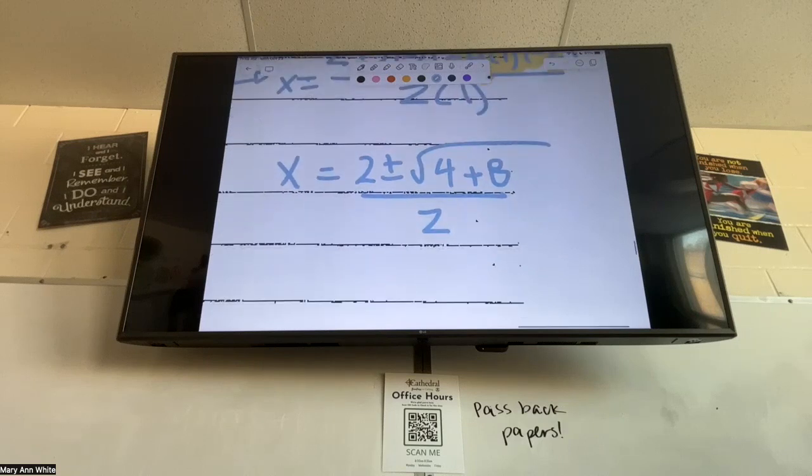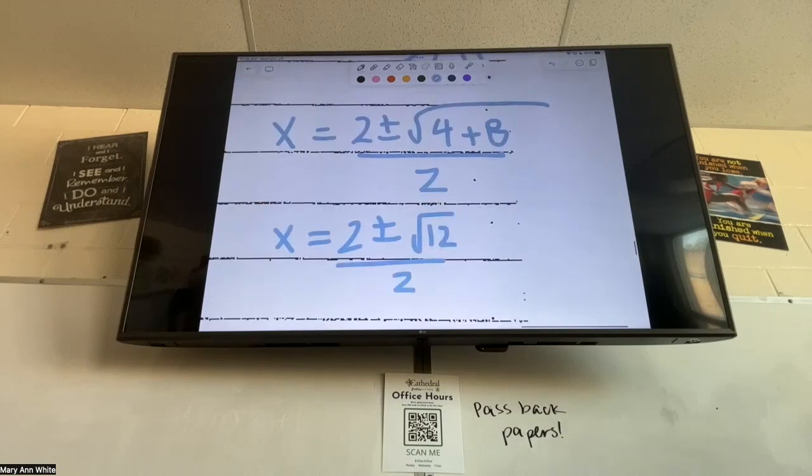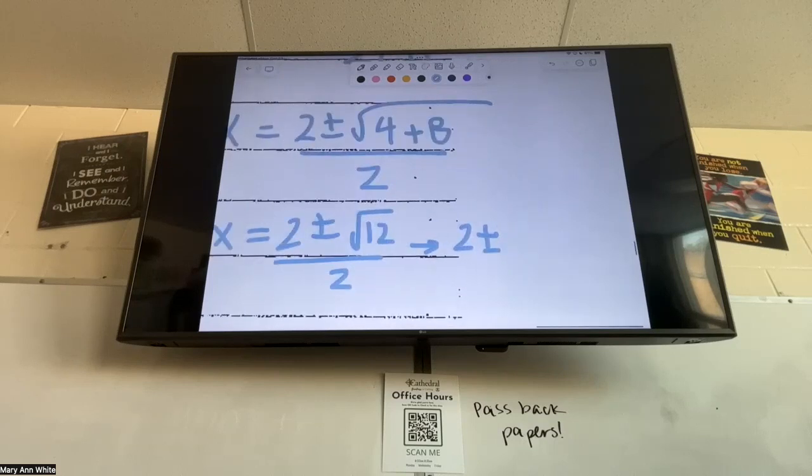And then we can simplify 4 and 8 to be 12. And then we can go even further because we can simplify that root 12 to 2 root 3, over 2.